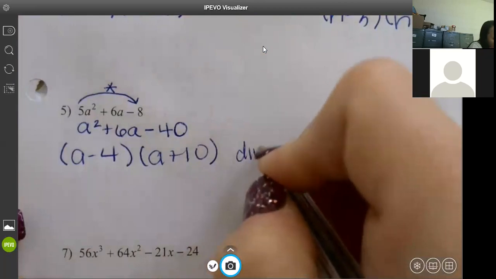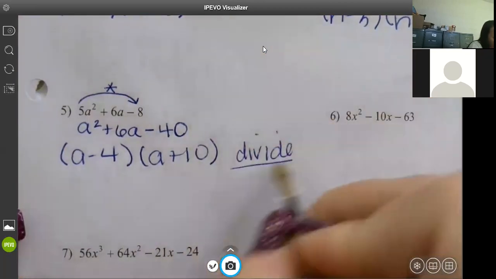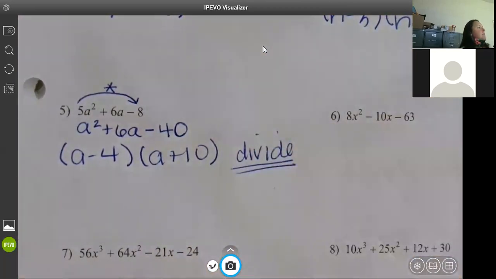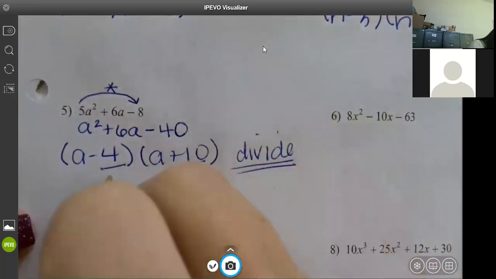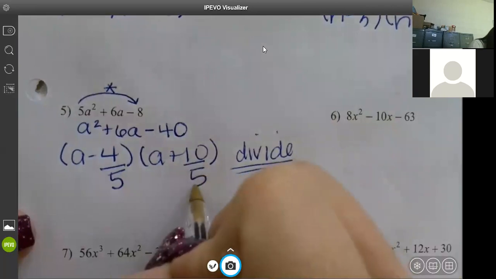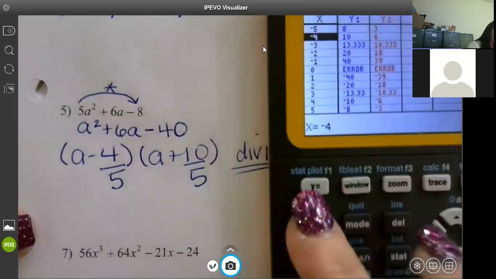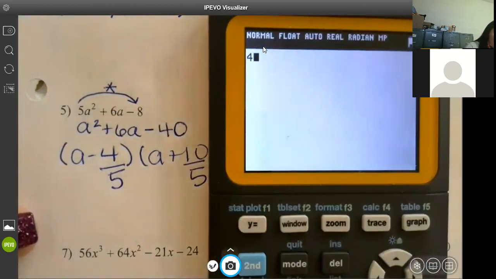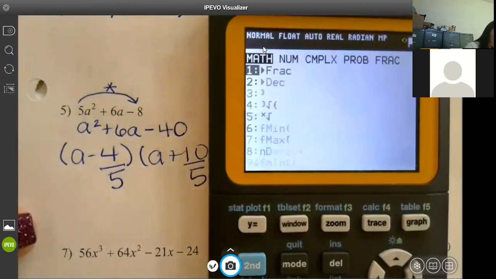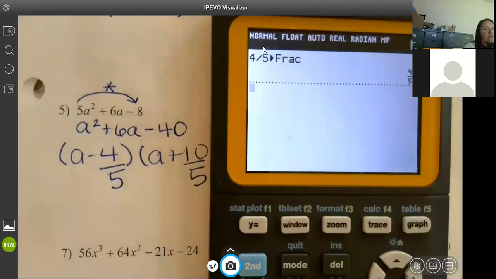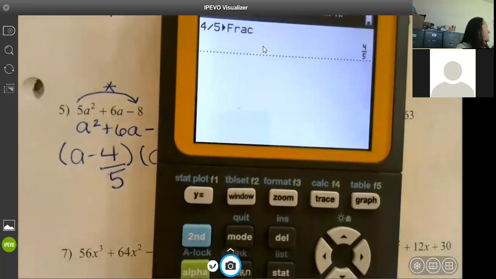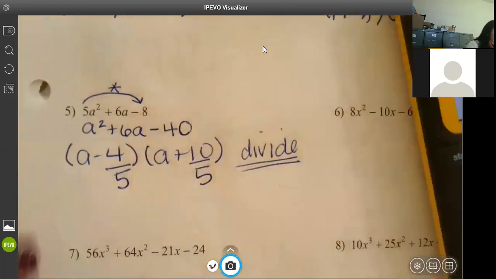But then don't forget to divide, okay? What are we going to divide by? 5. 4 over 5 will not reduce. Again, I showed you how to put that in your calculator. 4 over 5, math, enter. It did not change. You guys see it's the same fraction, so that means I can't do anything to it.